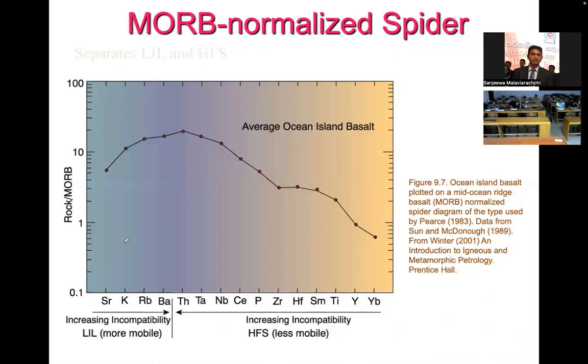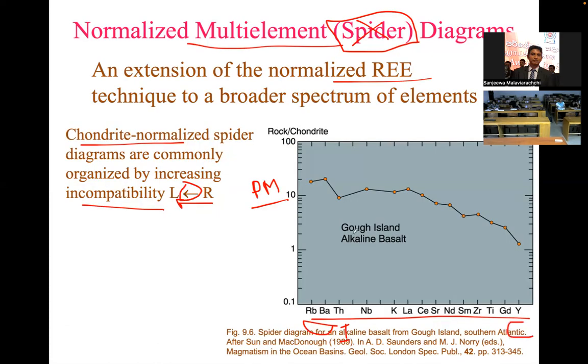And if you see in this case, this is one island alkaline basalt composition from Gulf Islands. It's one of the famous islands for oceanic island basalts.